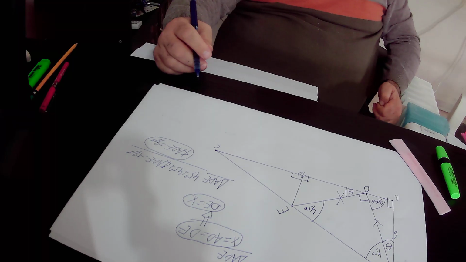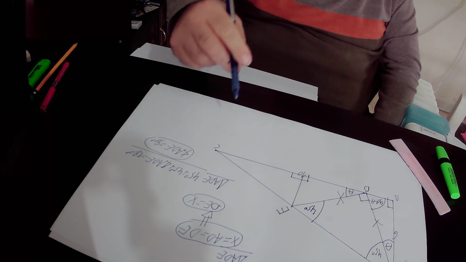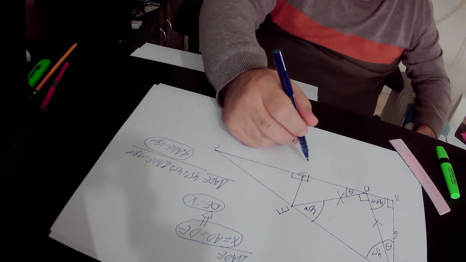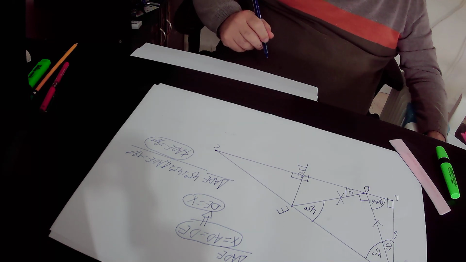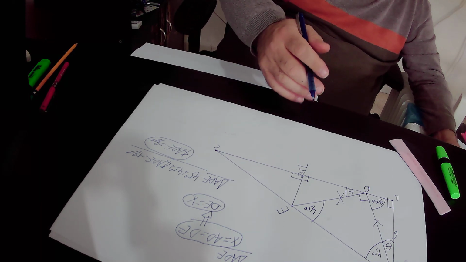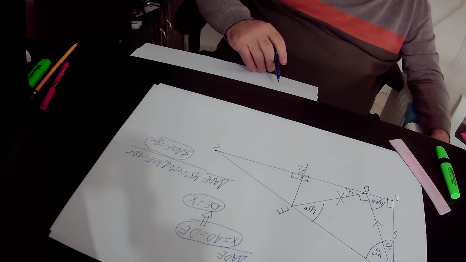And we will define the touching point of the perpendicular from point E and BC as F. Actually, we created here triangle DEF that is a right triangle.